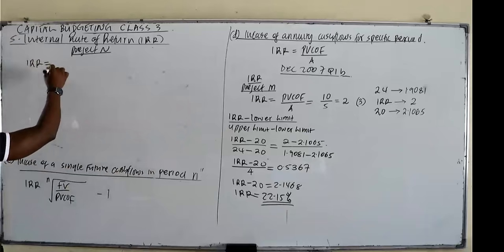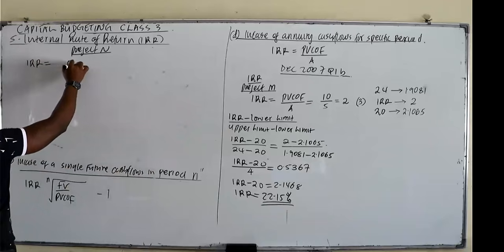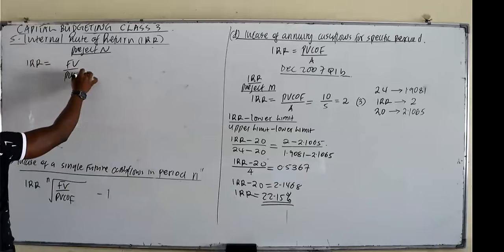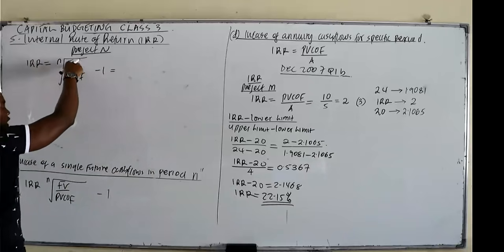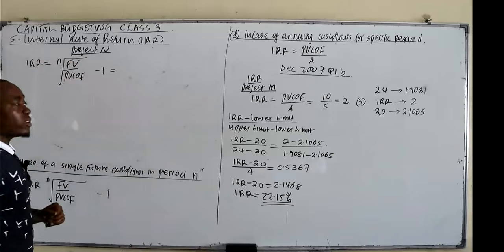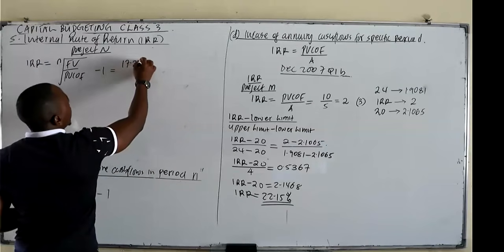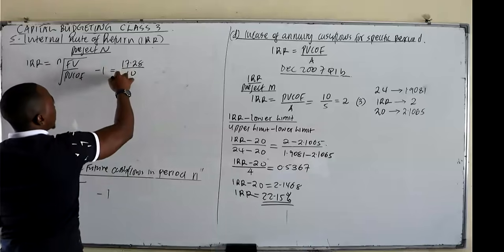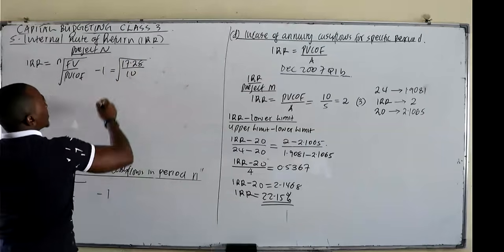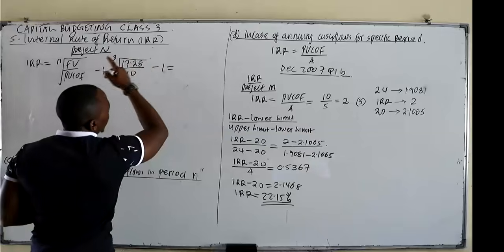You take the future value over the present value of cash outflow, nth root, minus 1. So you take the future value, how much are you generating at the end of year 3? You have 17.28, divided by the present value of cash outflow, 10. How many years? 3, you minus 1.